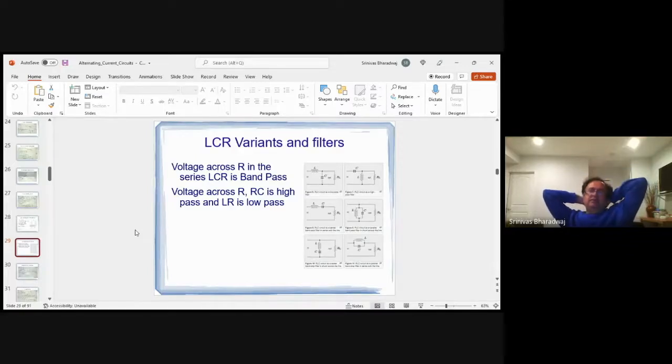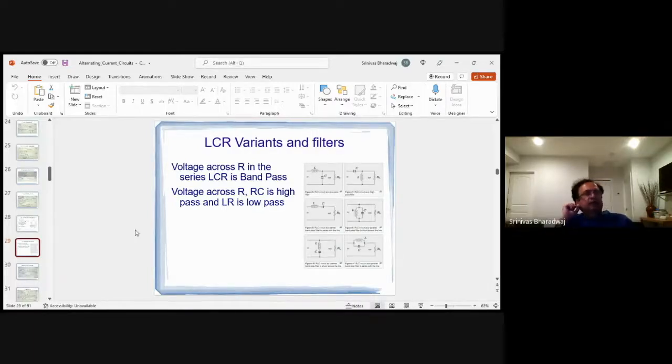And you can easily understand that. Q equals CV. When you take the derivative, dq by dt equals C dV by dt. When the voltage is very high, you tend to have the resistor having the most voltage.